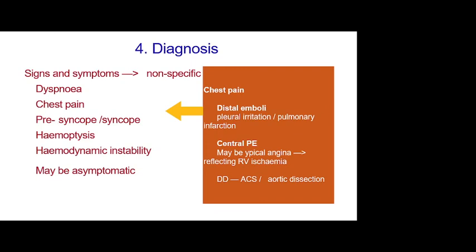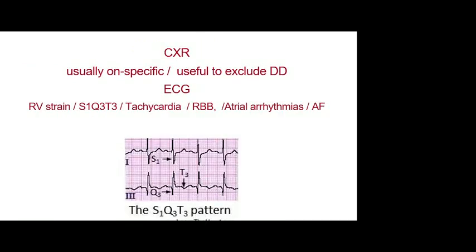If it is chest pain with a distal pulmonary embolism, the chest pain may be pleuritic type. If it is anginal type, most of the time it is due to central pulmonary embolism leading to right ventricular ischemia. Here we have to think about acute coronary syndrome and aortic dissection as differential diagnoses.